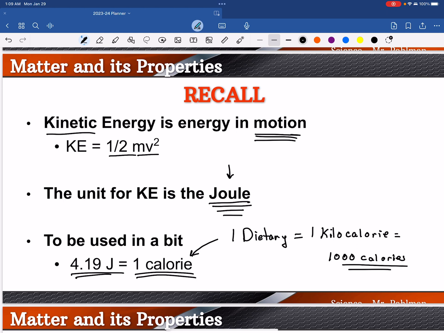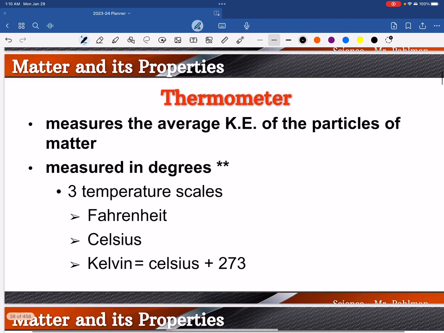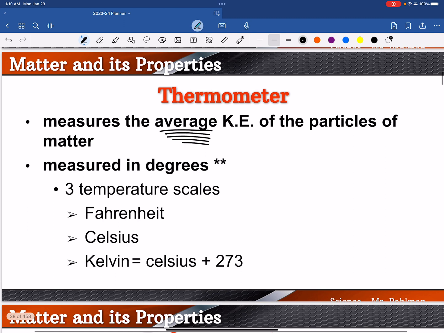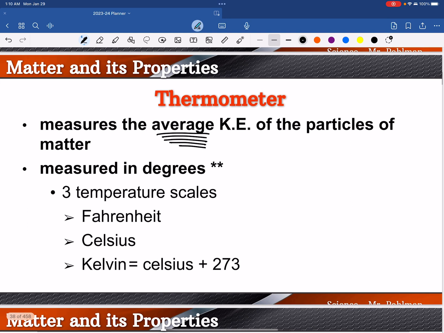So if you're looking at just conversions, 1 foot equals 12 inches; well, 1 calorie equals 4.19 joules. So, temperature changes: just like I said before, the average kinetic energy, that's what your thermometer is actually going to be measuring.